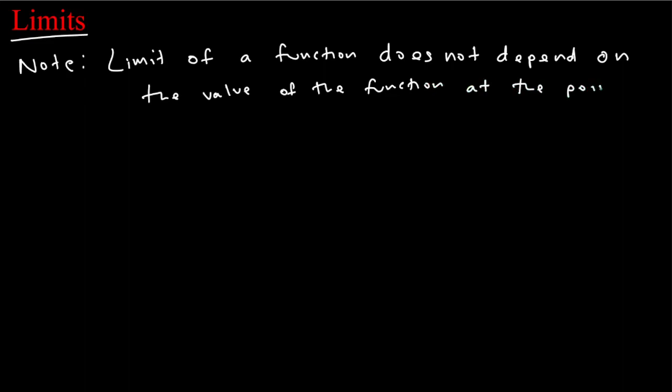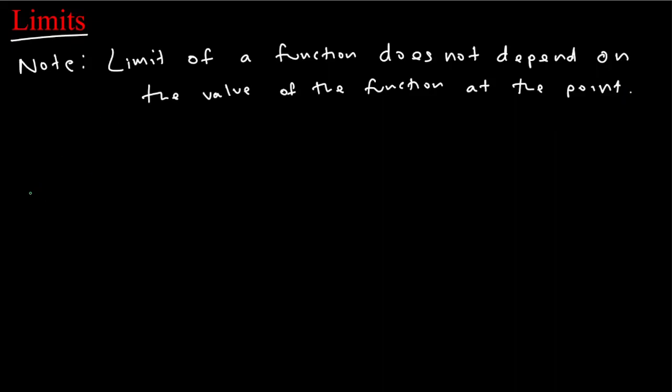So what am I saying here? Well, basically I'm saying that the limit of the function and the value of the function at the point are independent. The function could not be defined at the point, and it still has a limit, or the value of the function at the point is something else, and the limit is something else. This will be more clear with examples.